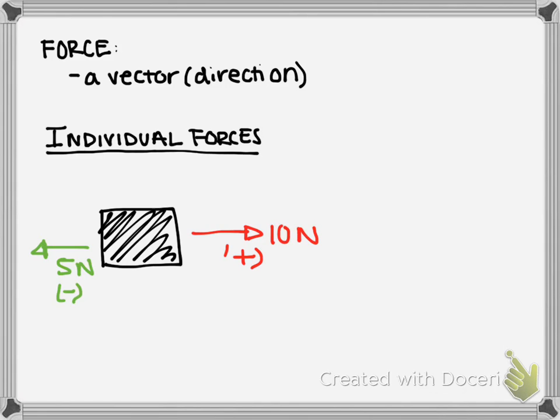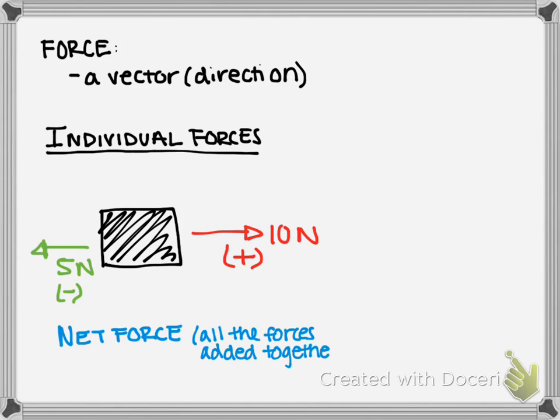So here the total net force would be 10 newtons plus a negative 5, and this will then equal 5 newtons in total. Then there are other scenarios where you'll have x and y components for your forces.